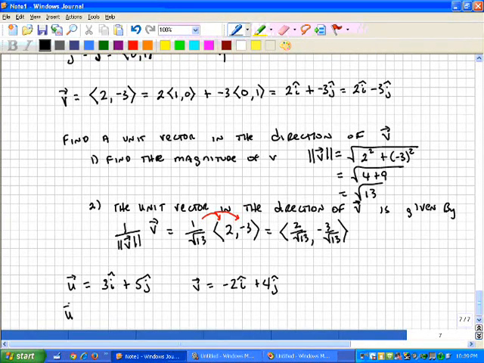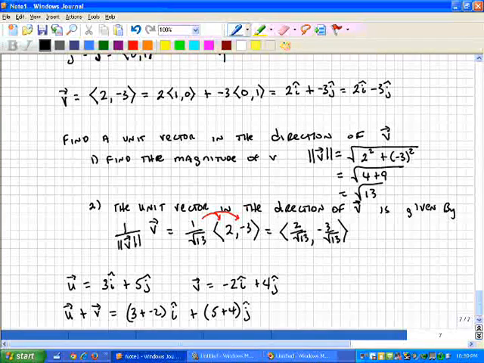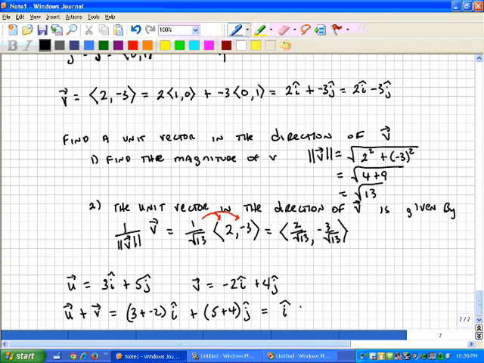Then the resultant vector u plus v is simply the sum of the horizontal components, and the horizontal components here are 3 and negative 2 respectively. So 3 plus negative 2 times i hat plus the sum of the vertical components 5 and 4 times j hat, or 1i hat, or just i, plus 9j hat, or i plus 9j.